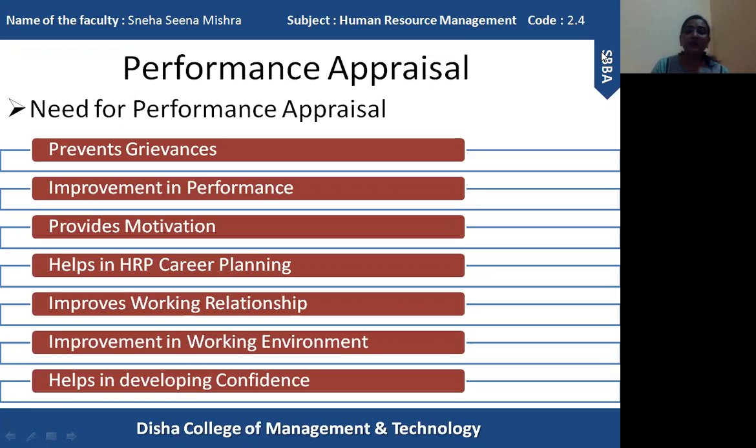And the next one is that it helps in HRP and career planning. So after understanding the level of performance the existing employees are giving to the organization, they can plan for the requirement of human resources. First of all, they need to understand the present level of all the employees for which performance appraisal is conducted.